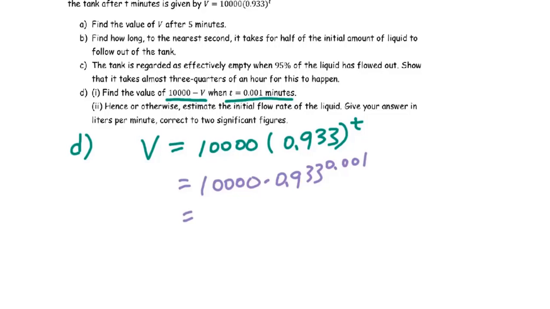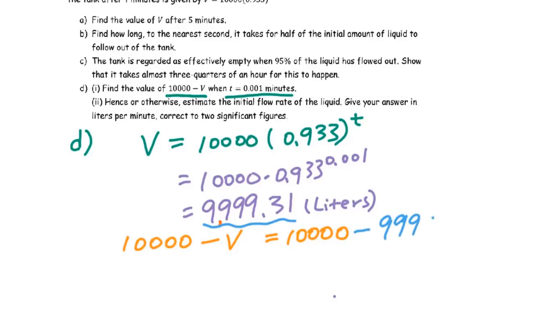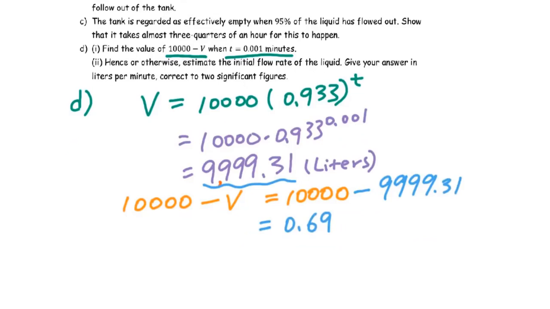You will get 9,999.31 liters. We're looking for 10,000 minus V. That means 10,000 minus this value. You will get, answer will be 0.69. This is for first question of D.